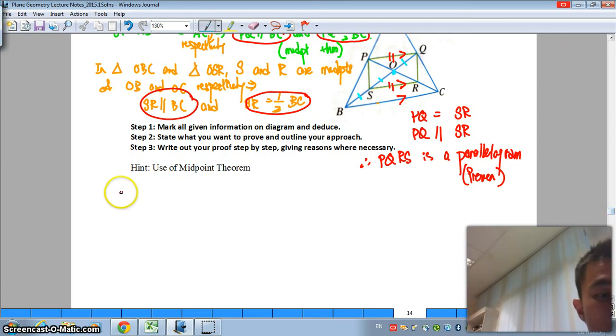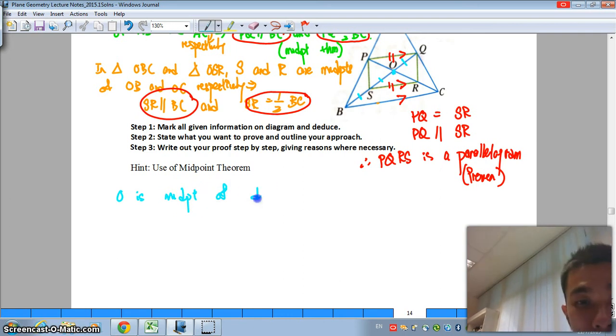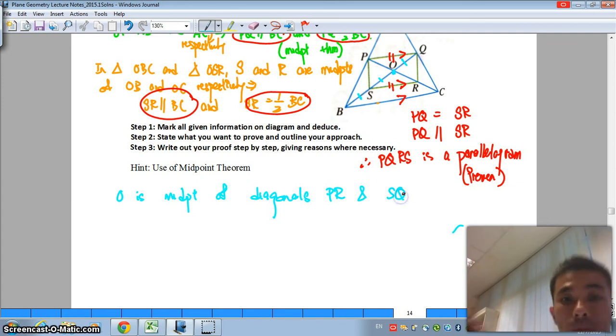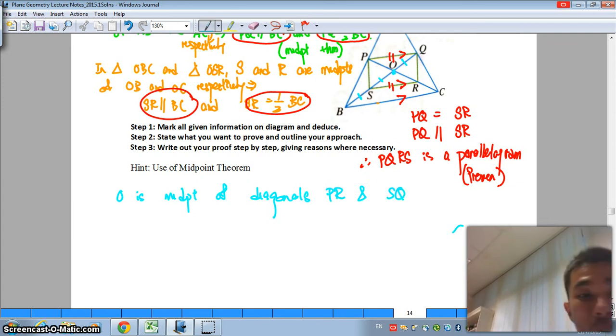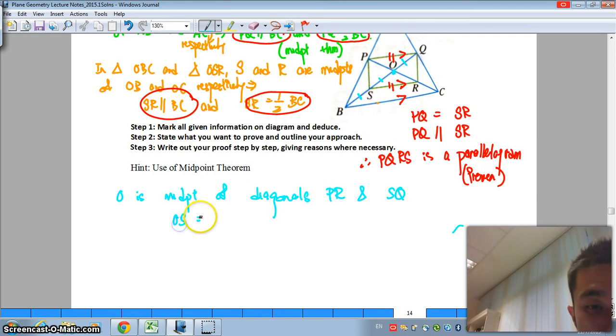O is the midpoint of diagonals PR and SQ. Therefore, OS must be equal to OQ.